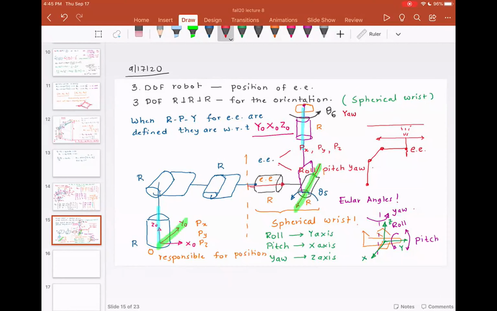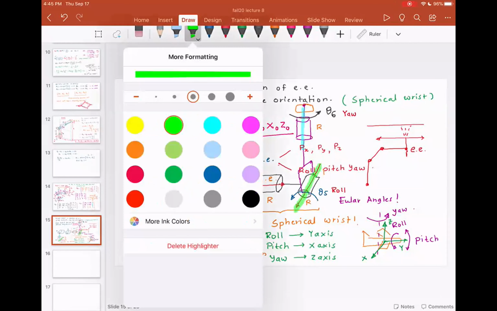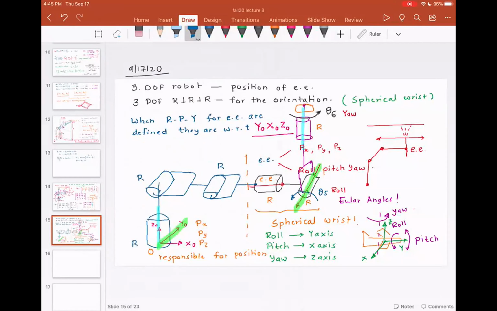Theta 6 will control yaw. Theta 5 will control roll. And the last joint, which is parallel to x0, theta 4, will control pitch. So I'm going to remove this from here.